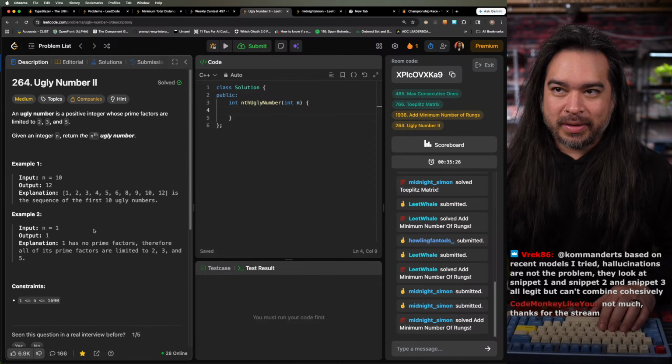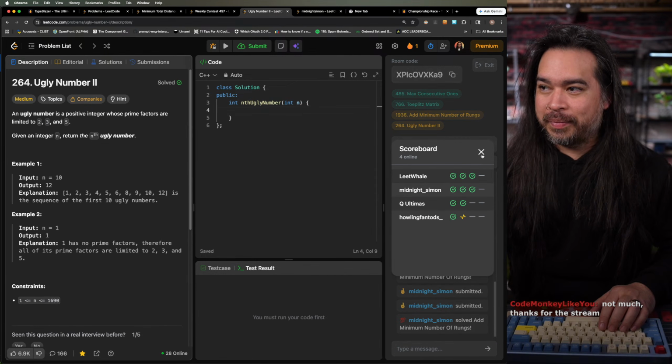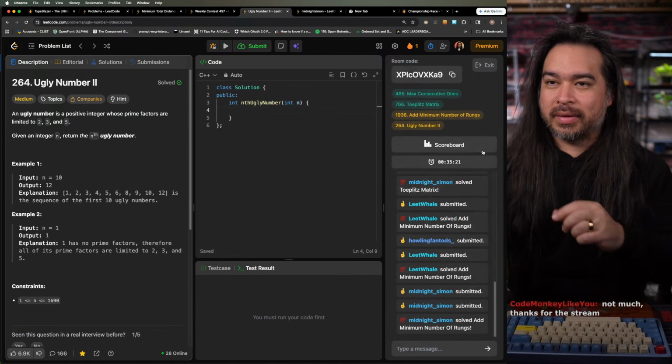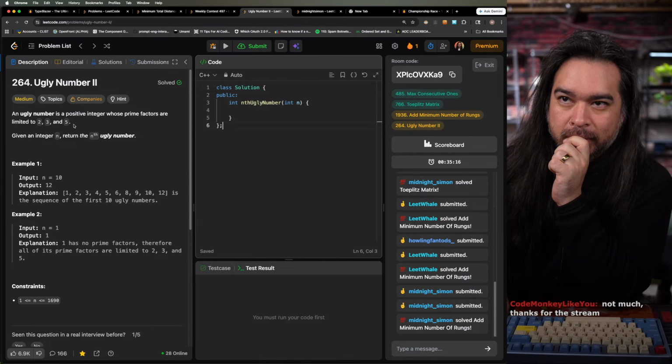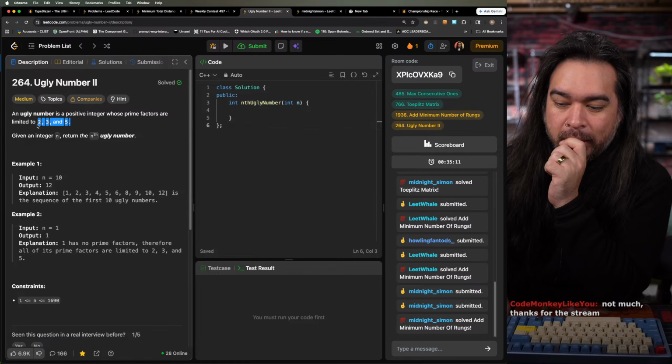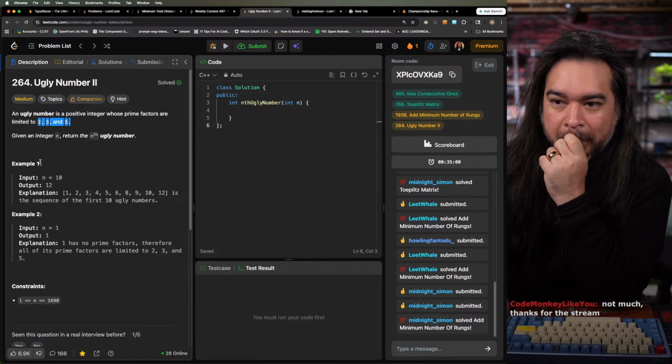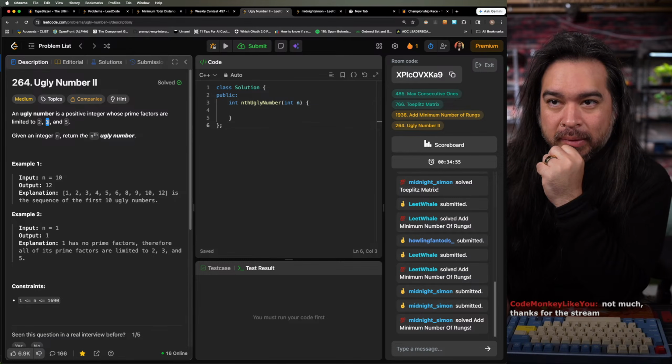This problem is sounding tricky though. So prime factors. How do you know what prime factors are, man? Just keep dividing by 2 until you can't, then you go 3s, then you go 5s.